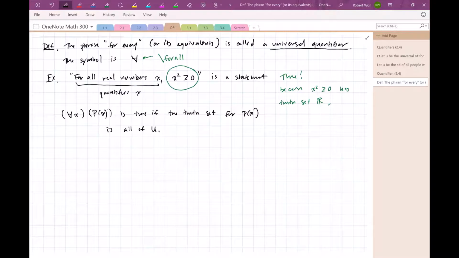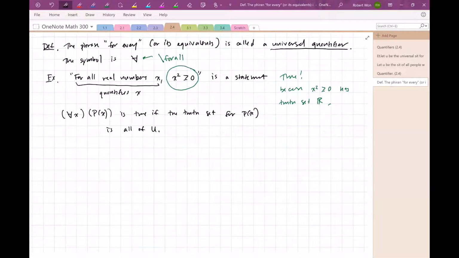Okay, and again, there are many ways to say either of these things in English. In fact, I think I've said several of these already. So for all real numbers x, or for every real number x, or given any real number x, x squared is greater than or equal to 0, are all ways to say the same sentence. Right?